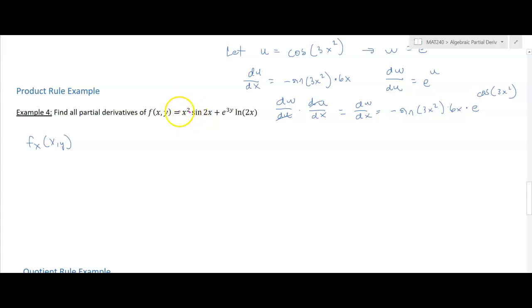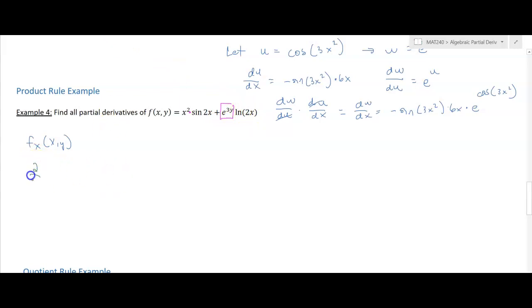Now we're not going to have to apply the chain rule here, because if we take the derivative of this with respect to x, e raised to a constant power is going to be a constant. So here we only have to take the derivative of the natural log of 2x. All right, let's get to work.